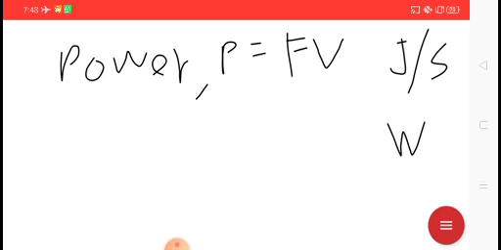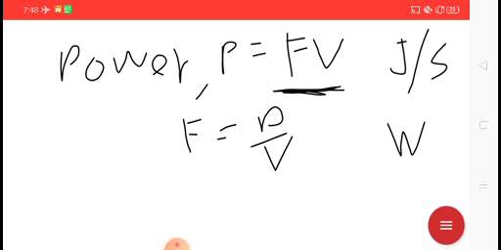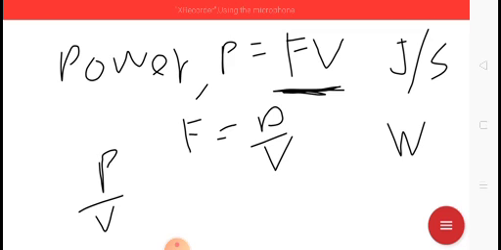So you have a very general formula for power at a particular instant, and if you change this, the force at the moment will be equal to P over V. If you want to put this F in a net force equation, P over V is the force doing work on the particular body, so it will be positive, minus all the opposing forces is equal to ma.